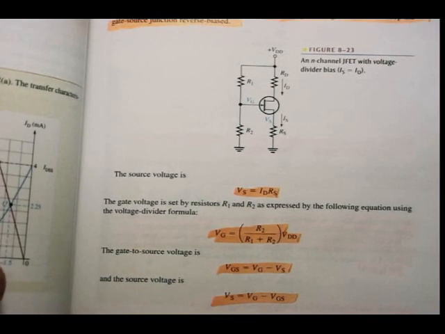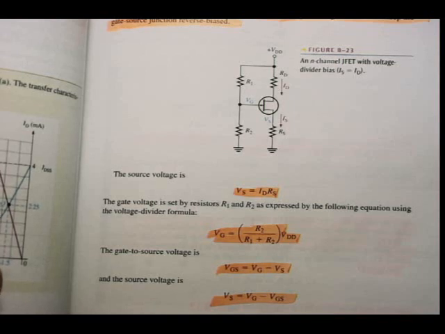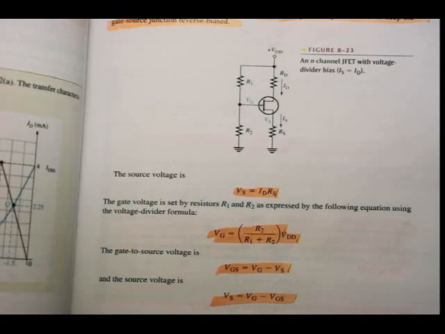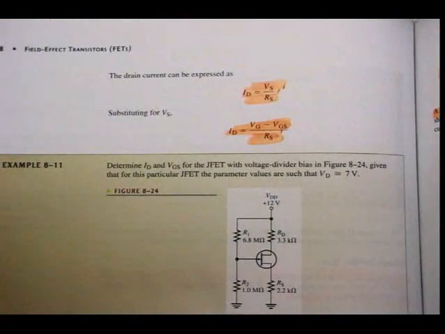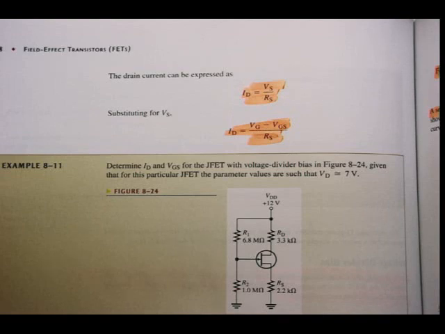Gate to source voltage VGS is VG minus VS, all boiling down to Kirchhoff's laws and Ohm's law again. Drain current ID is equal to VS over RS, and then substituting using Kirchhoff's law and Ohm's law simultaneously, ID is equal to (VG minus VGS) over RS.